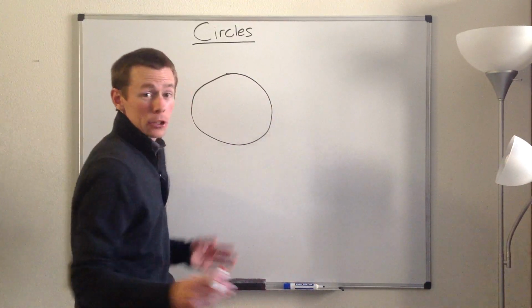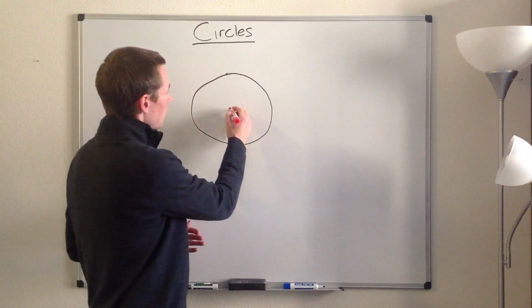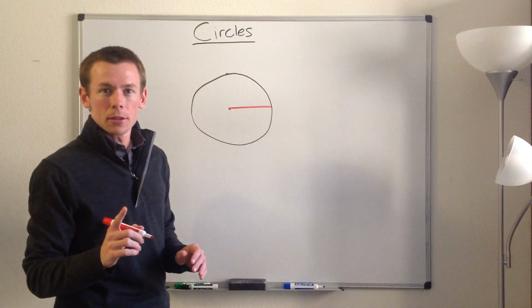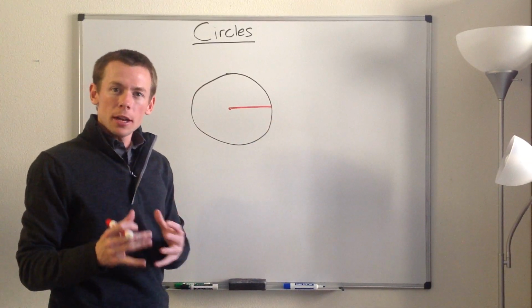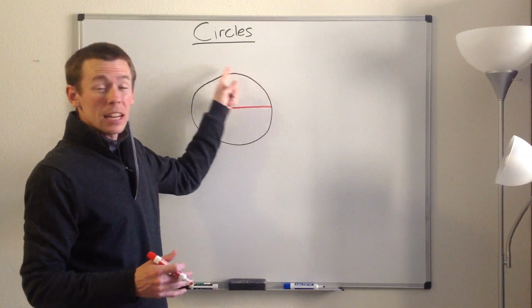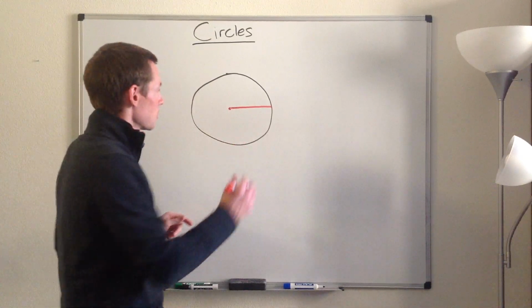I'm going to redraw my circle, redraw my center, and then I'm going to draw just one of these line segments. Okay? Now this has a special name in a circle. This line segment from the center to anywhere on the circle is called the radius.